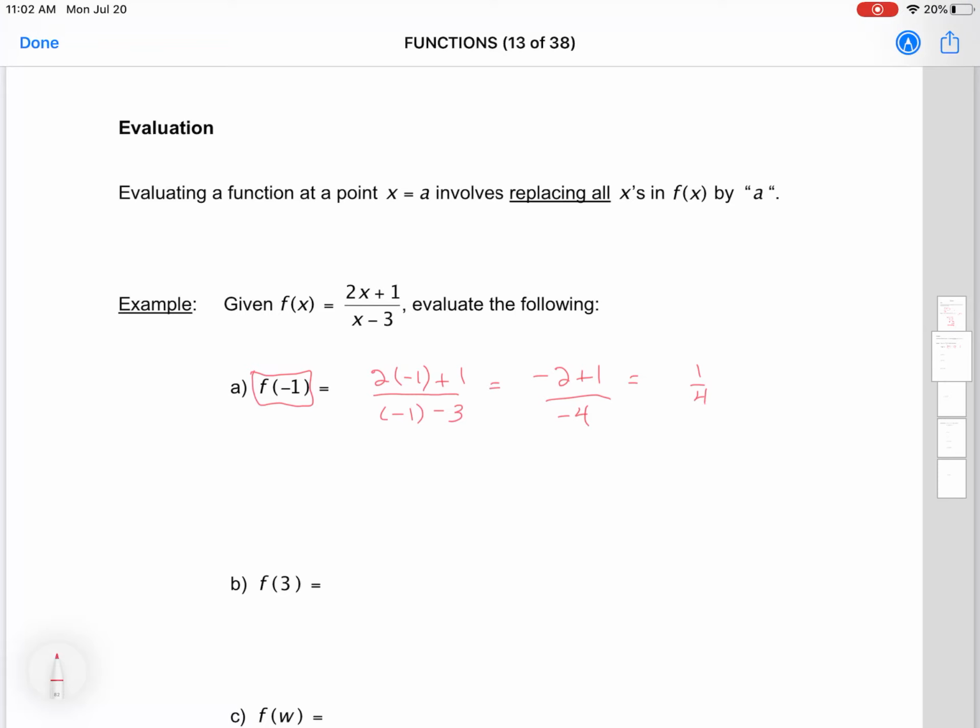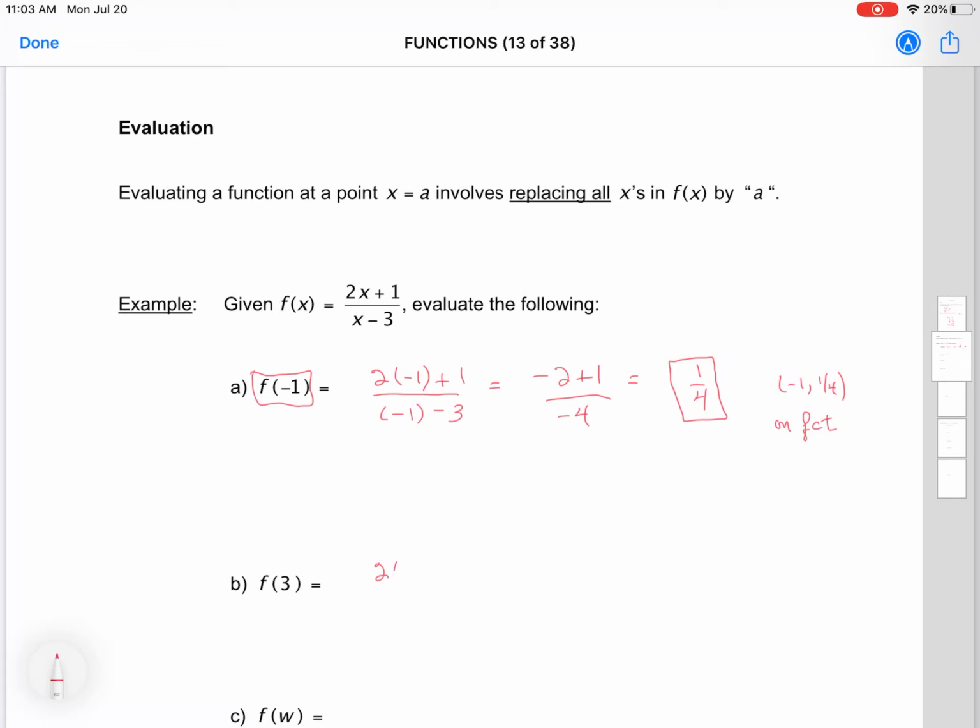So that's just minus 2 plus 1 over minus 4. It's minus 1 over minus 4. It's just 1/4. This, of course, means that the point minus 1 comma 1/4 is a point on the function itself.